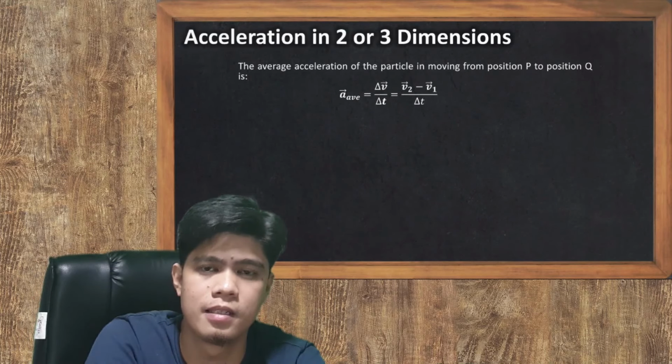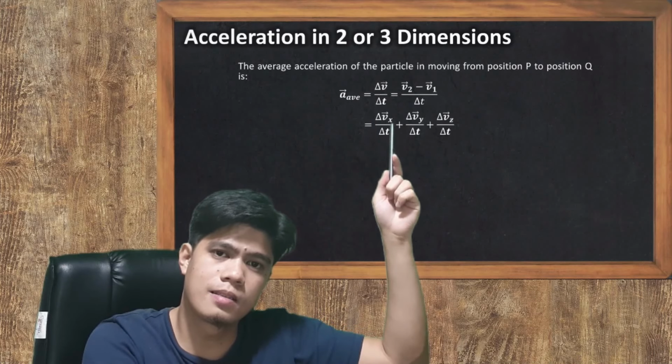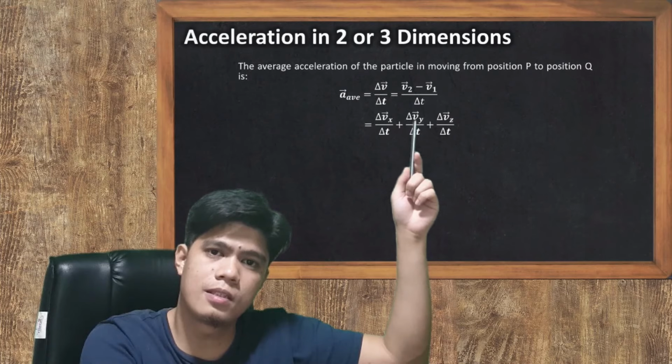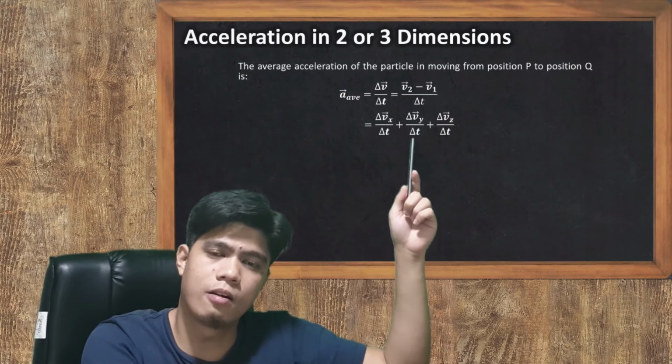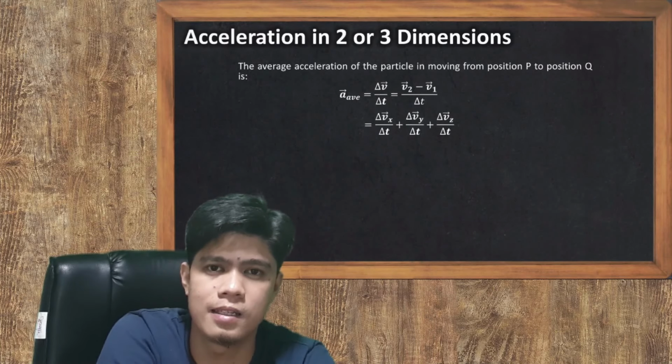Since our delta v, or change in velocity, is just the change of velocity along x over delta t plus the change in velocity along y over delta t plus the change of velocity along z over delta t.